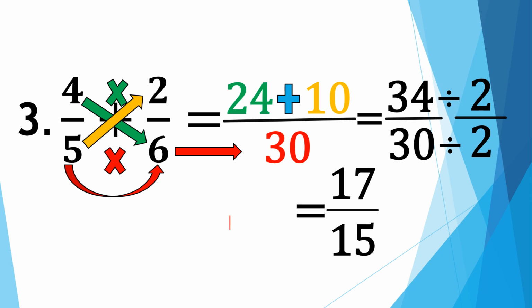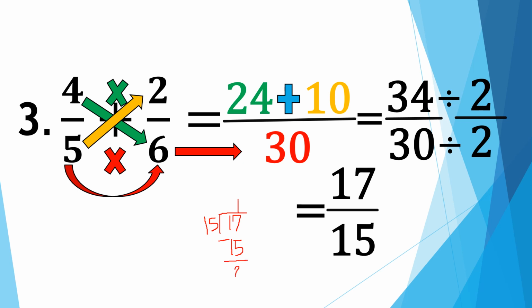So 17 divided by 15. So 17 divided by 15 is equal to 1. 15 times 1 is equal to 15. Then, subtract. 17 minus 15 is equal to 2.